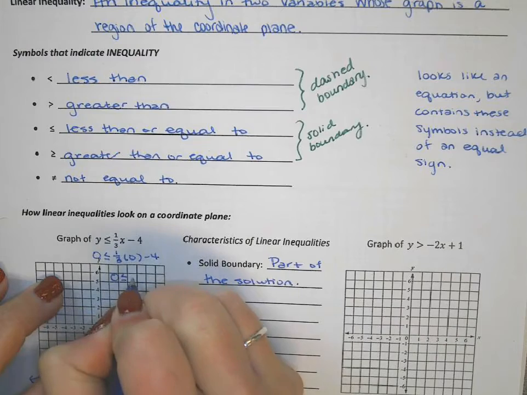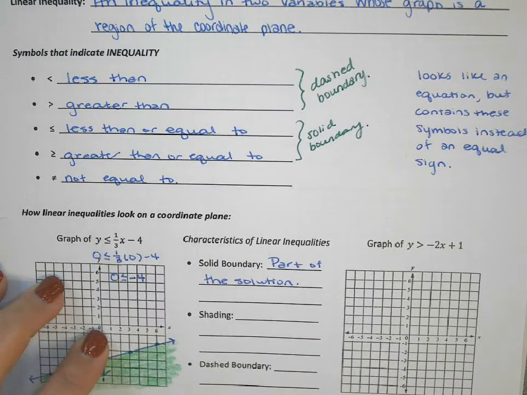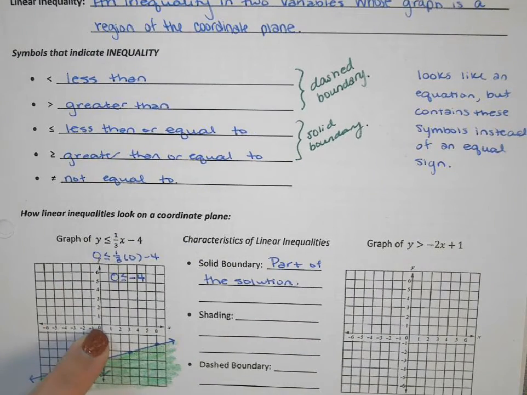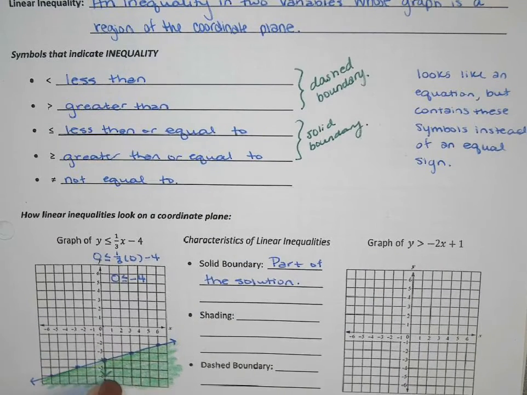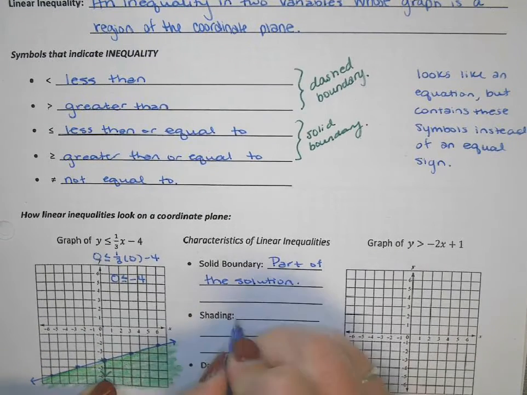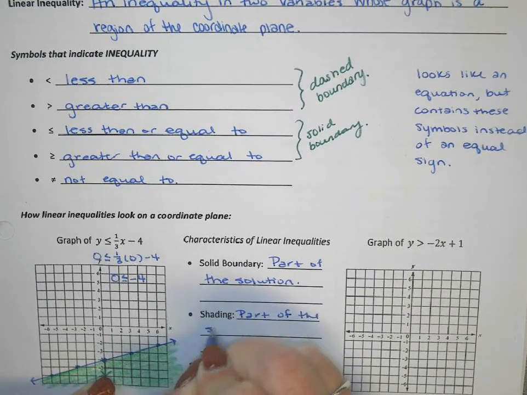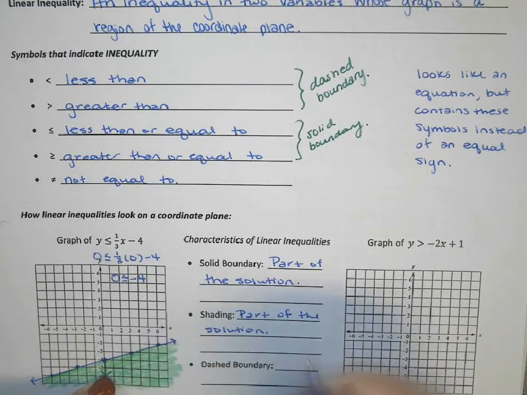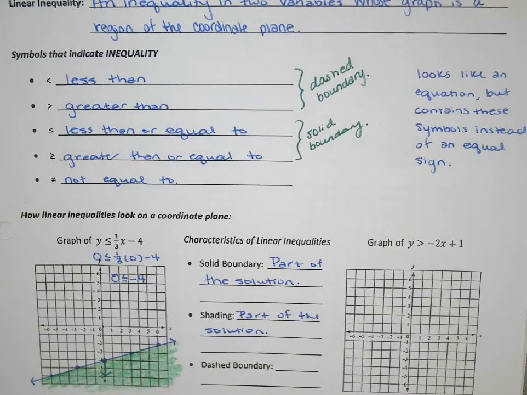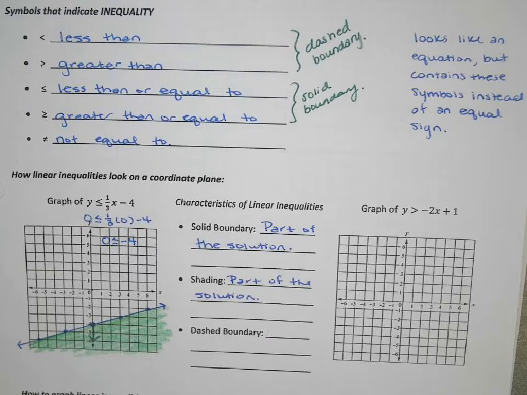Is 0 less than or equal to -4? It's not. So 0, 0 is not part of the solution, which we can see it's not shaded. The shading is part of the solution. So if you plug in a point and it's not part of the solution, then you're going to shade in the opposite direction. 0, 0 is the easiest point to plug in.